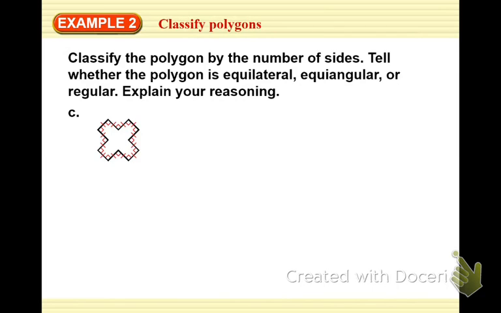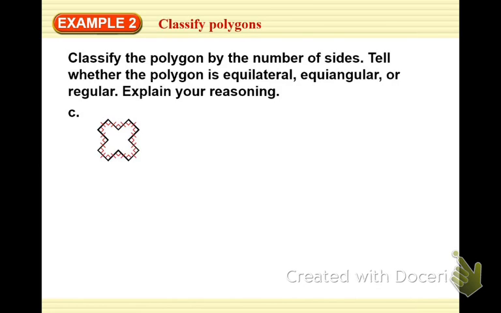All of the angles inside the polygon are the same. And then the angles on the outside of the polygon are all 90 degrees as well. But when we talk about equiangular, we want all of the angles inside the polygon to be the same. And technically they're not.